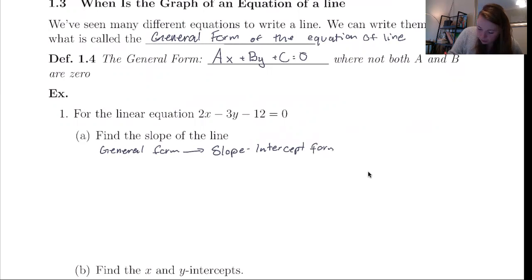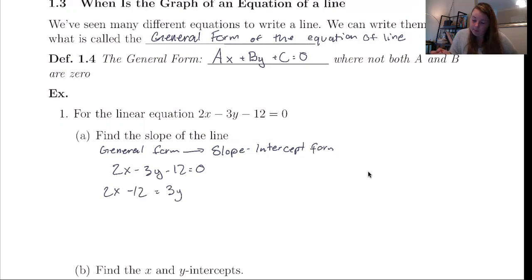So 2x minus 3y minus 12 equals 0. Let me move the 3y over. So I get 2x minus 12 equals 3y. And then I divide each side by 3. So I get y equals 2/3 x minus 12 divided by 3, which is 4.